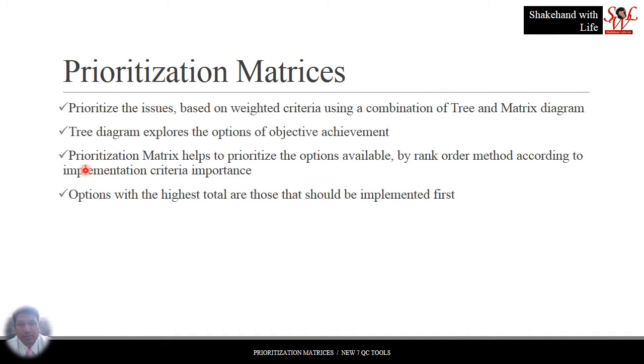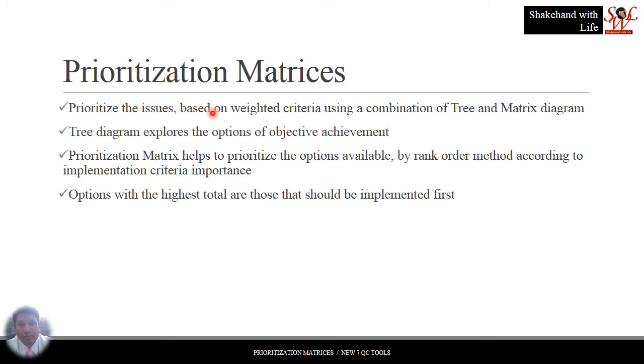Here we have some facts about prioritization matrices. It prioritizes the issues based on weighted criteria using a combination of tree and matrix diagram, which use the implementation criteria and weighted implementation criteria.